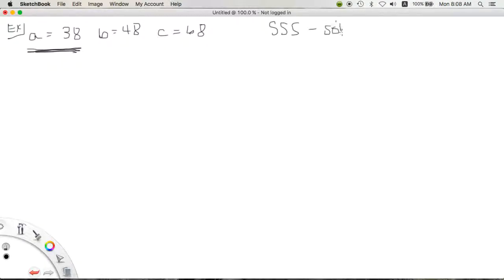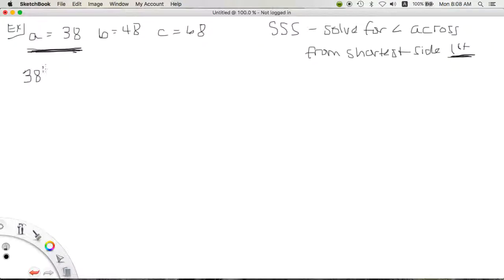So solve for the angle across from the shortest side first. Alright, so once you do that, we're going to use this one, which means we want this angle, which means we put it on this side, and then the others on the other side.